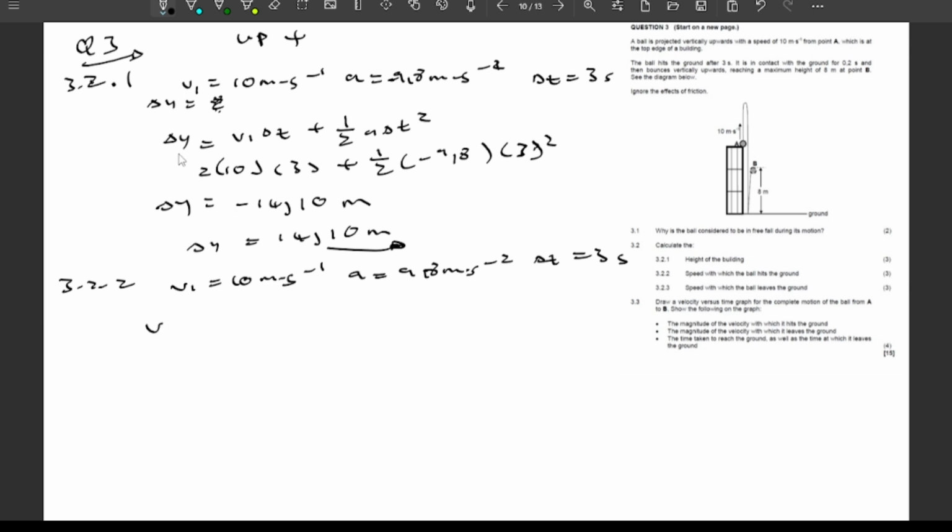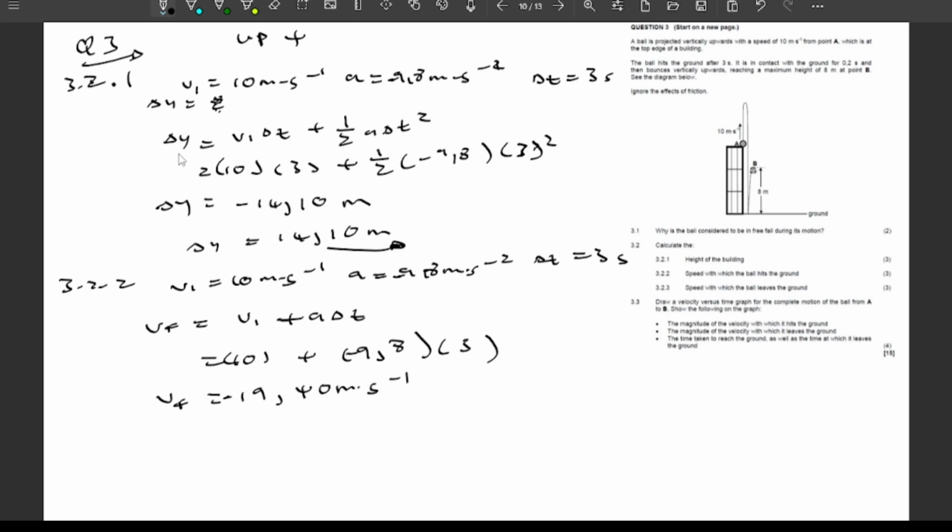Right, so you can use this equation: VF is equal to V initial plus a change in t. The V initial is 10, and remember a is negative 9.8, and the time is 3 seconds. So the VF will be negative 19.40 meters per second.